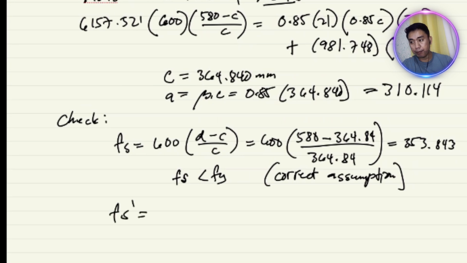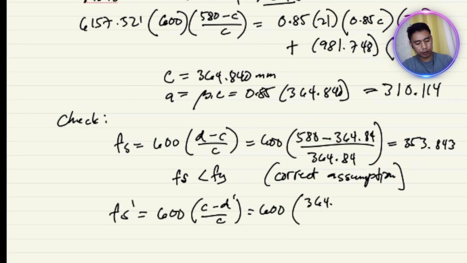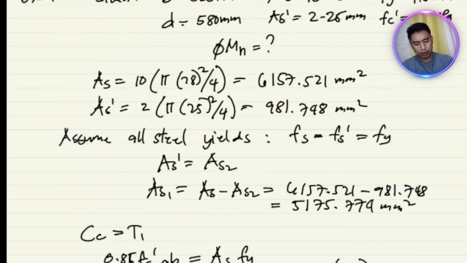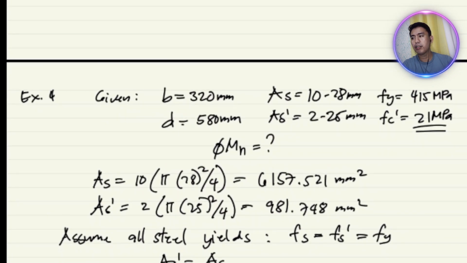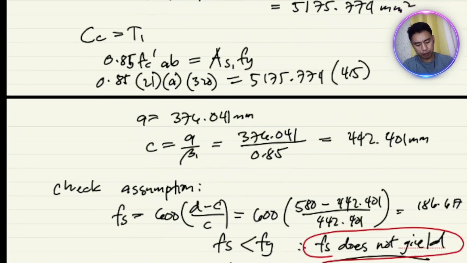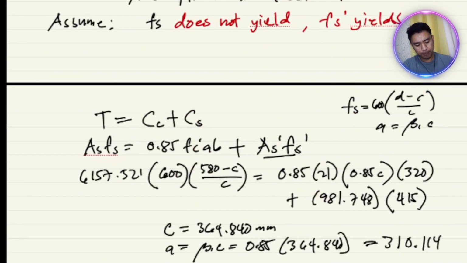About Fs prime, 600 times C minus D prime over C. 600 times C, 364.84 minus D prime of 80. Let me check. 80 ba yung given? Nabigay ko ba yung D prime?